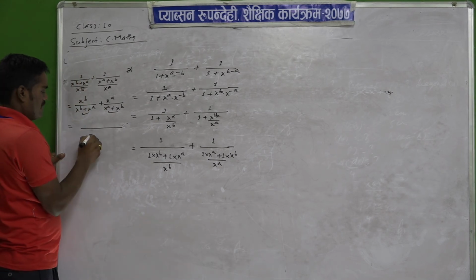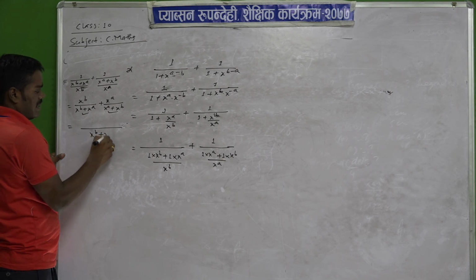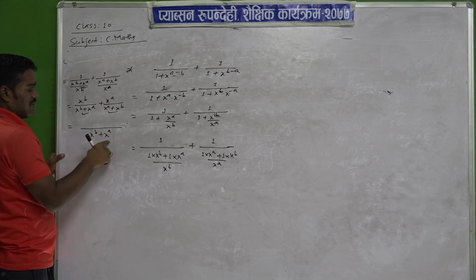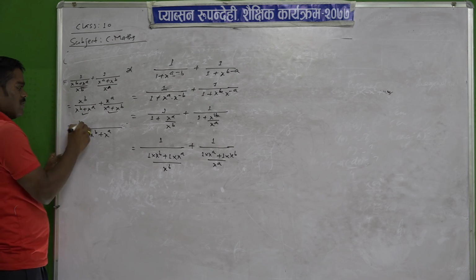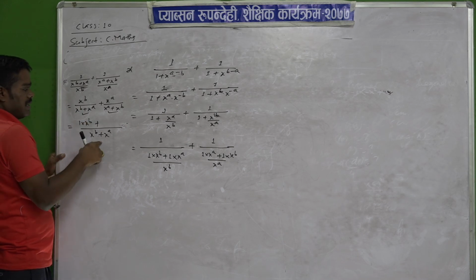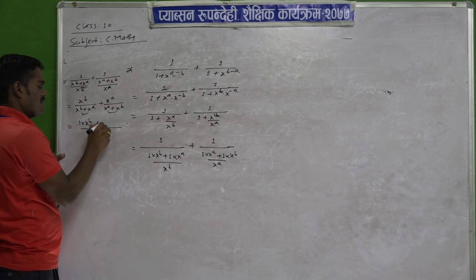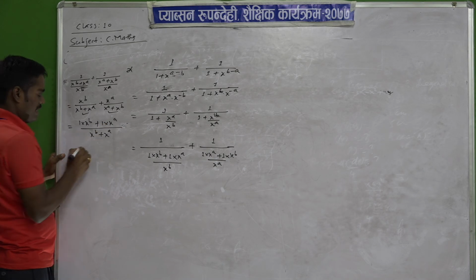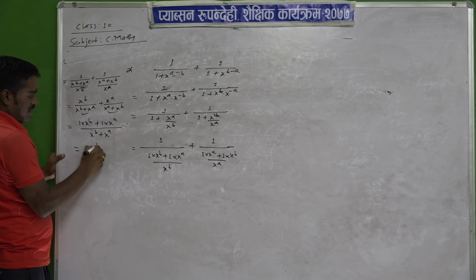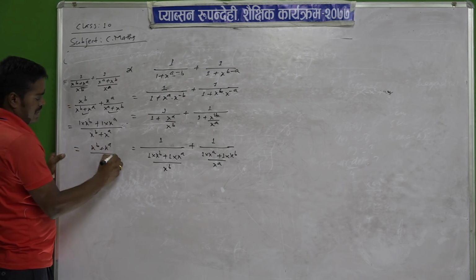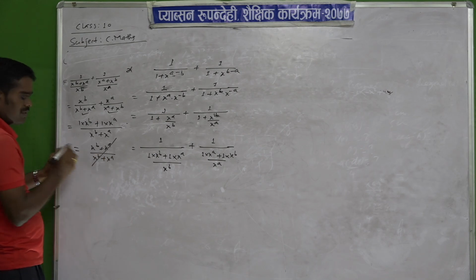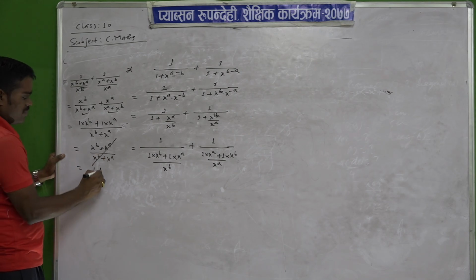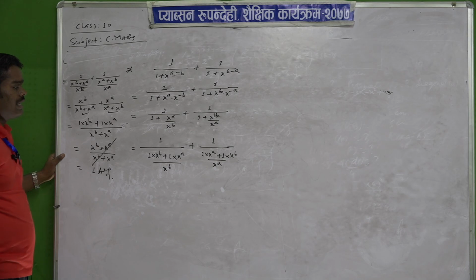So the LCM will be same, x power b plus x power a. So divide again, this by this, 1 will be left. So 1 into x power b, here also dividing, 1 will be left. So 1 into x power a. So x power b plus x power a, x power b plus x power a, whole cancelled being common factor. So what is left? 1. So this is the answer.